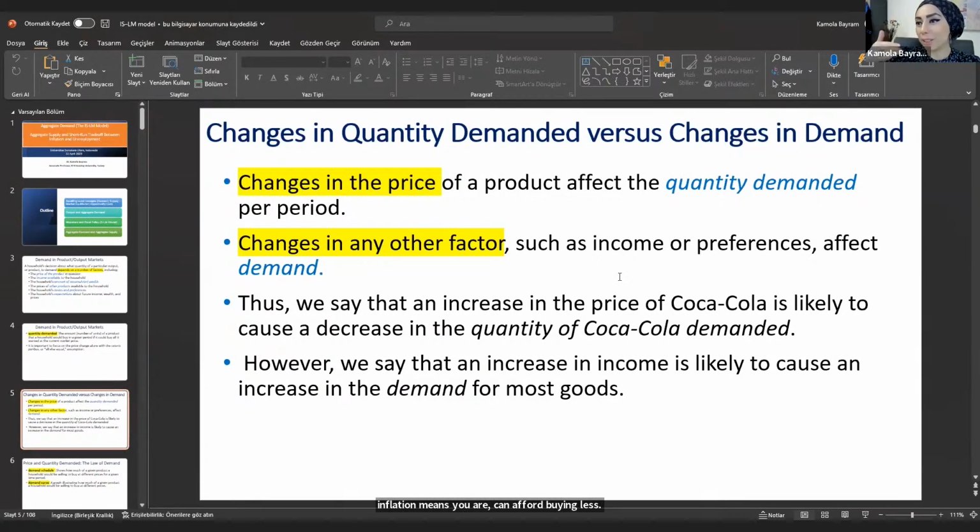Again, if the price increases 5% but your income increases 20%, you will still buy more. That's why we say it's ceteris paribus. Then some companies will change the package. For example, if butter is normally sold in packages of 250 grams, now they will produce smaller packages, like 100 grams, sometimes 50 grams, so people can afford it, because you still want to consume that good.